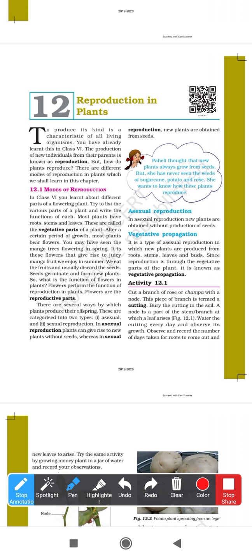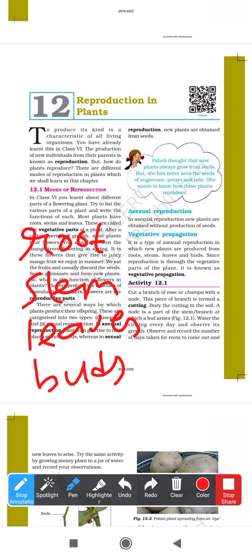Vegetative propagation means the new plant is produced from roots, stems, leaves or buds. From these parts the new plants are produced.